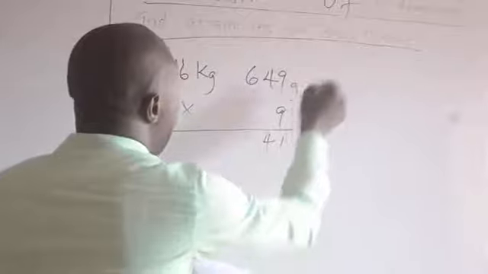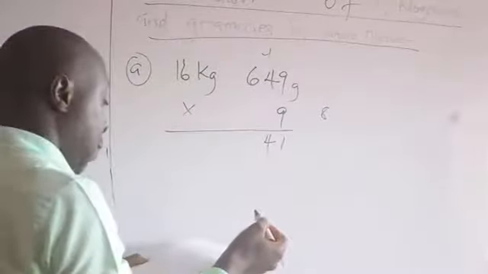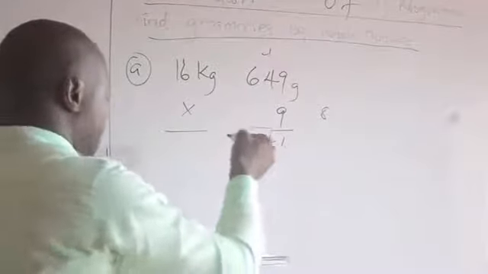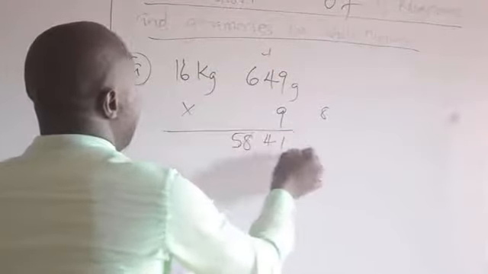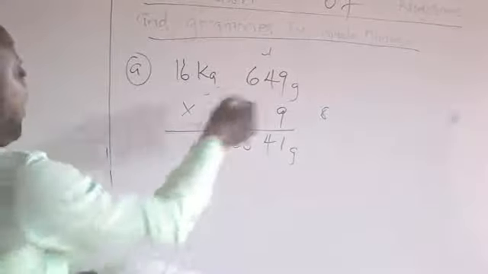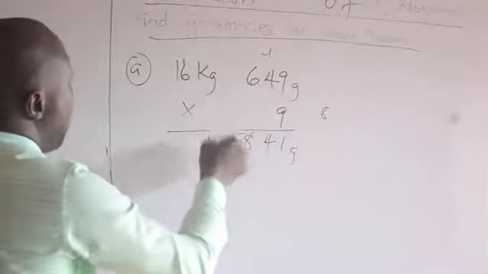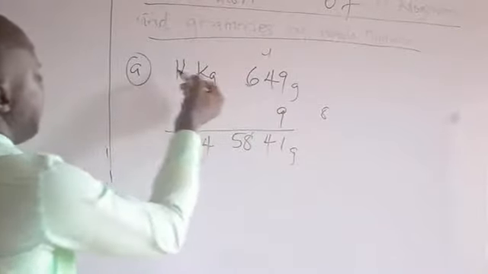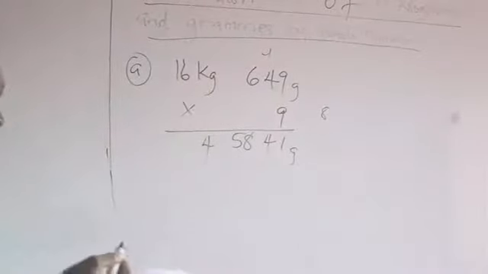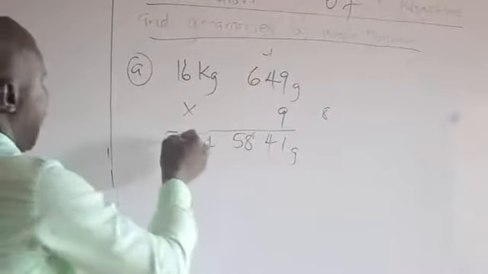We put down our 4, carry the next 4. 9 times 6 will give us 54 plus that 4 will give us 58. Then 9 times 6 will give us 54. So we put down our 4, carry 5. 9 times 1 will give us 9. Plus that 5, it will give us 14.